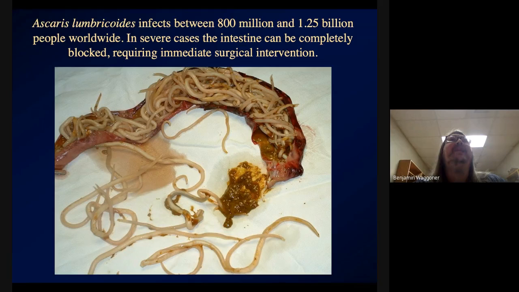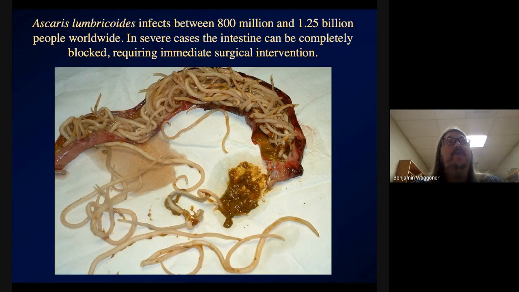The last data I've got is from the 70s, but back then, something like 20,000 people died each year from Ascaris lumbricoides, often by intestinal blockage. If your intestine gets blocked with a knot of Ascaris lumbricoides, that's an immediate surgical emergency. Without access to immediate surgical care, you'll die.